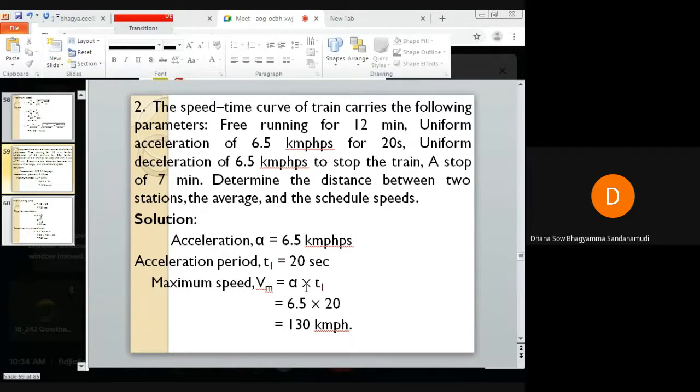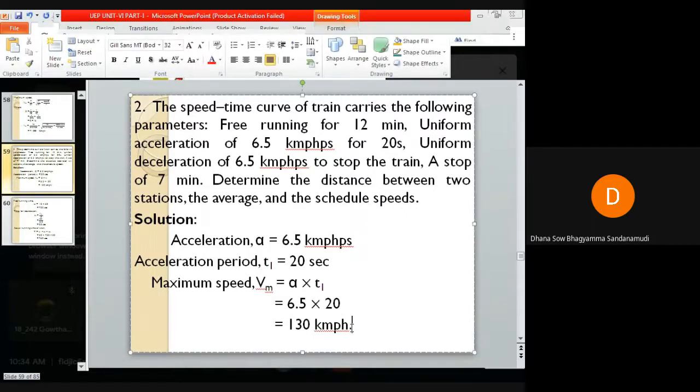So alpha equals Vm by T1, so Vm is equal to alpha into T1. Alpha is 6.5 and the acceleration period is 20 seconds, so 6.5 into 20, you will get 130 kilometers per hour as the maximum speed. Write it down.